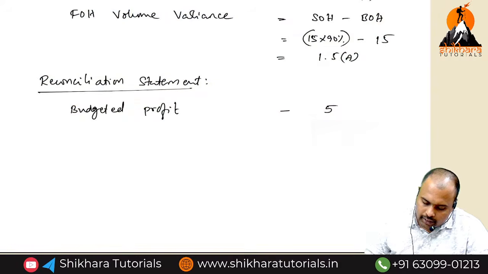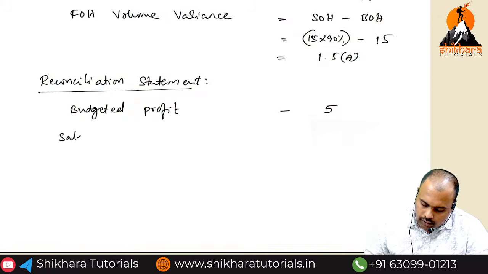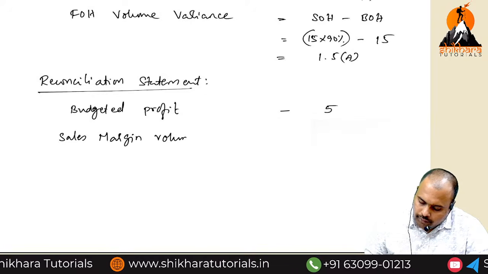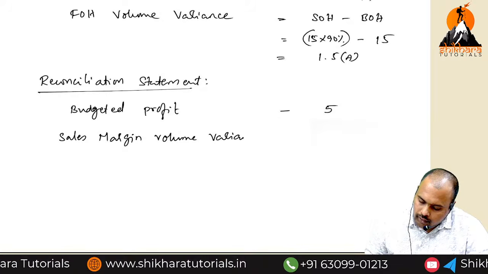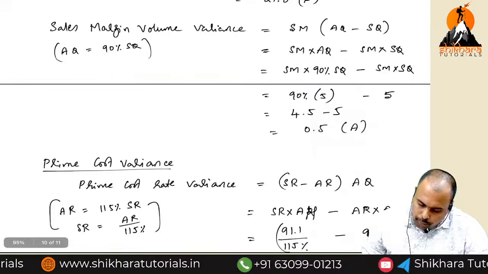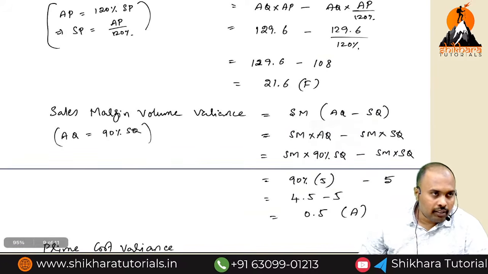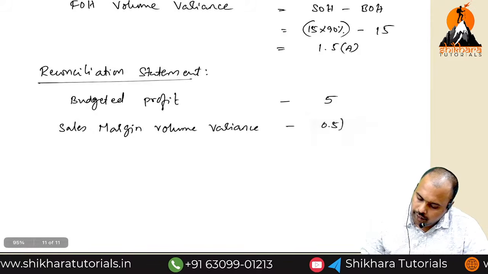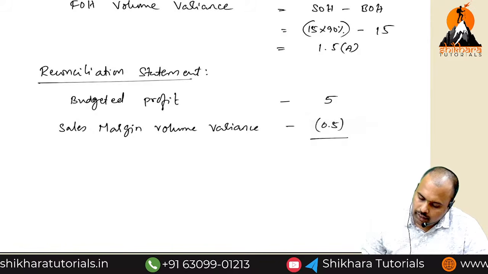To that we have to adjust sales margin volume variance. So what is the sales margin volume variance? 0.5 adverse, which is minus. Now this is 4.5.